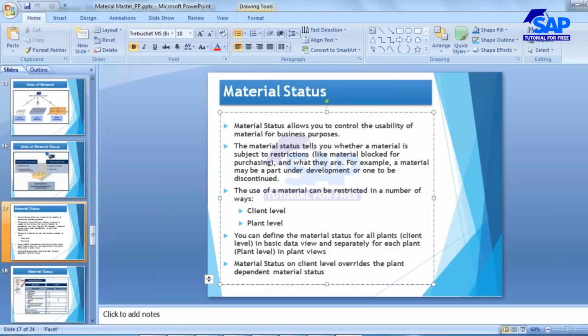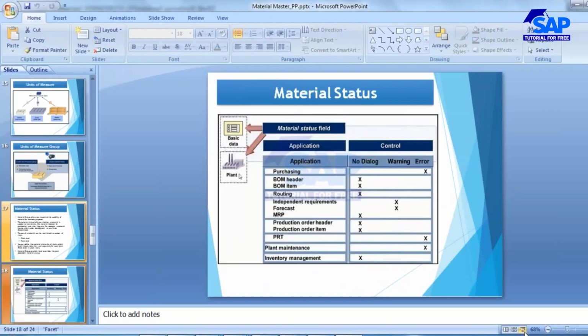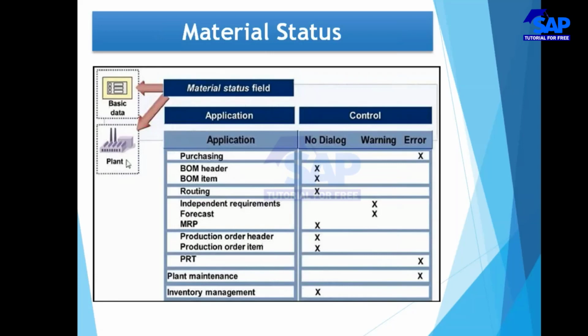So now if you go here, you will have this kind of thing. Either you can maintain for the client level in the basic data view, or if you want to maintain at the plant, then you can maintain at plant level. So these are the applications you control: purchasing, BOM maintenance, routing. We'll discuss what this BOM routing is in our further classes.